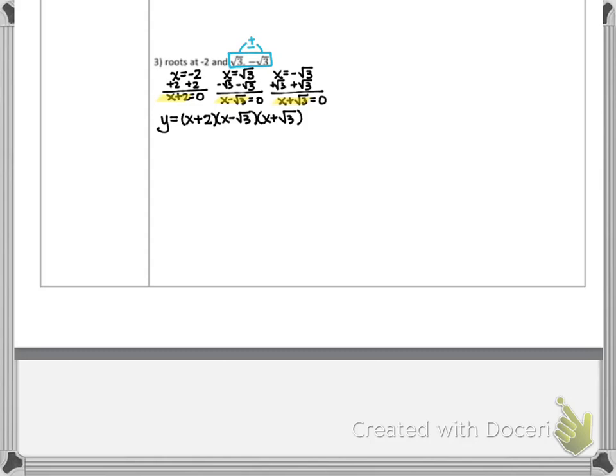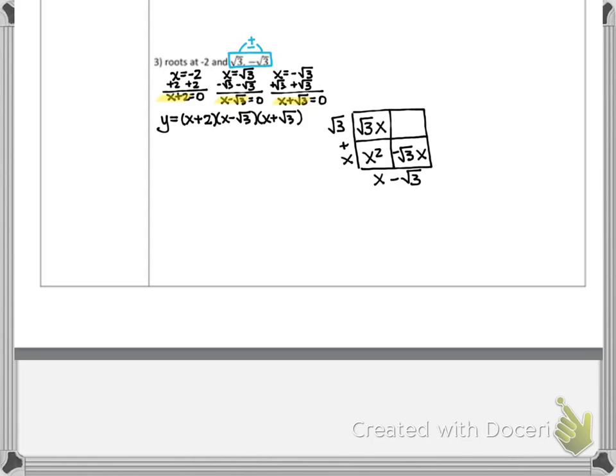So I am going to go ahead and draw the box off to the side for this one, so I think that might be beneficial for people to see. So I'm going to multiply out the x minus root 3 and the x plus root 3 first. So if I do x minus root 3, x plus root 3, well, I know that's an x squared. Oh, that works the way that it normally would. You just kind of mash the things together.